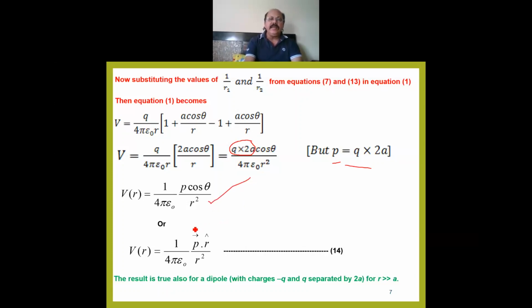Or you can write that expression V(r) equals 1 upon 4 pi epsilon naught p vector dot r cap, r cap is unit vector, upon r square. So that is equation number 14. This expression is true for a small electric dipole, that is the condition which you have taken, r is greater than a.